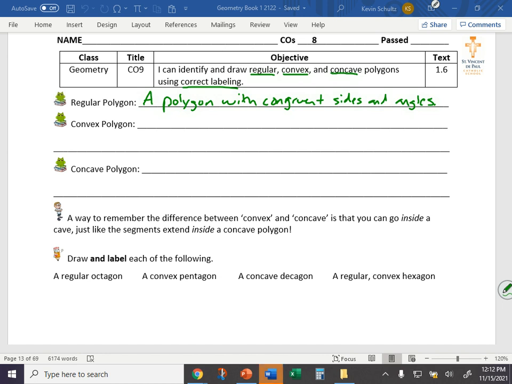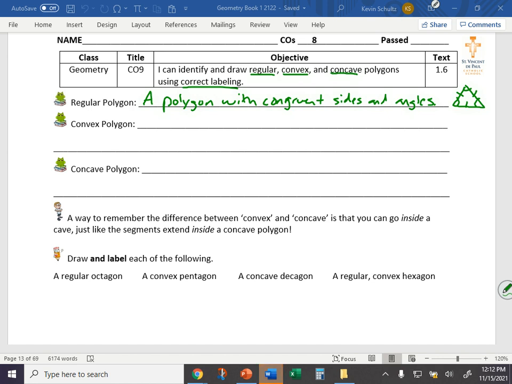So if I asked you to draw a regular triangle, what type of triangle would you be drawing? A regular triangle. Drake? An equilateral triangle, right? Because there's scalene, there's isosceles, right? But an equilateral triangle. All sides are congruent, all angles are congruent.